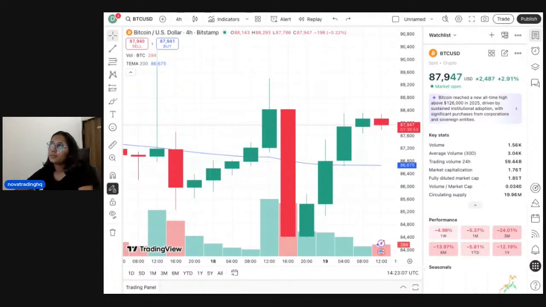See, TradingView is giving us the complete OHLC right at the top, right? As you can see here, it opens at 87,200, it closed at 88,400, right?